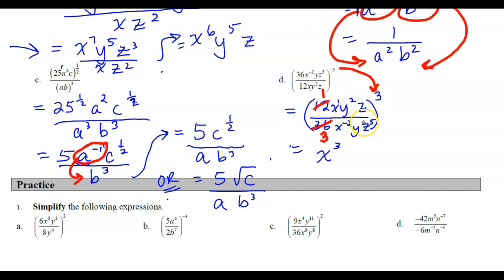Y squared divided by y to the 1 is just y to the 1, which is y. And then z to the 1 divided by z to the 5 is z to the negative 4. If you know that there's going to be z to the 4 in the denominator, you can leave it there. I'm taking 2 steps for that.